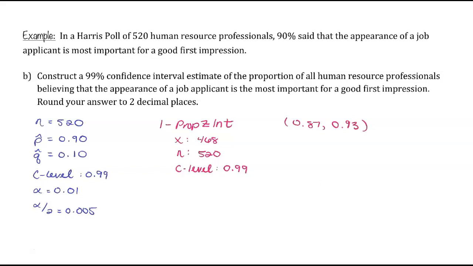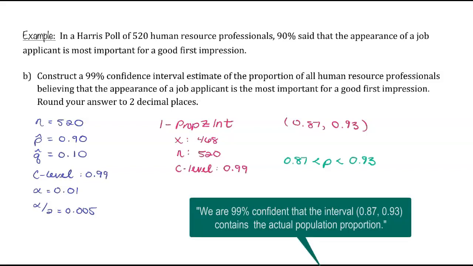This is equivalent to saying that we believe that the population proportion p is somewhere between 87% and 93%. To state these results in a complete sentence, we might write something like this. We are 99% confident that the interval 0.87 to 0.93 contains the actual population proportion.